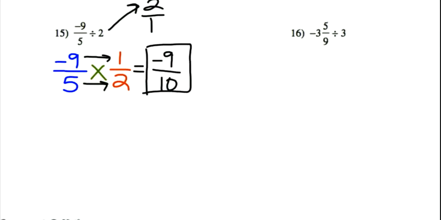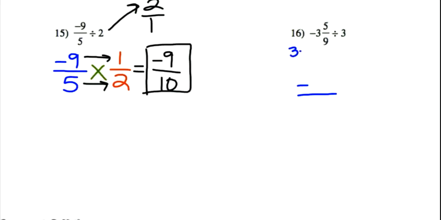In the next one, I have a mixed number. So this one's going to take me a little bit more work because I need to change all mixed numbers into improper fractions. We don't like mixed numbers, so we're going to change them into improper fractions. Remember that when I have a negative, I'm just going to put it in my answer for my fraction.